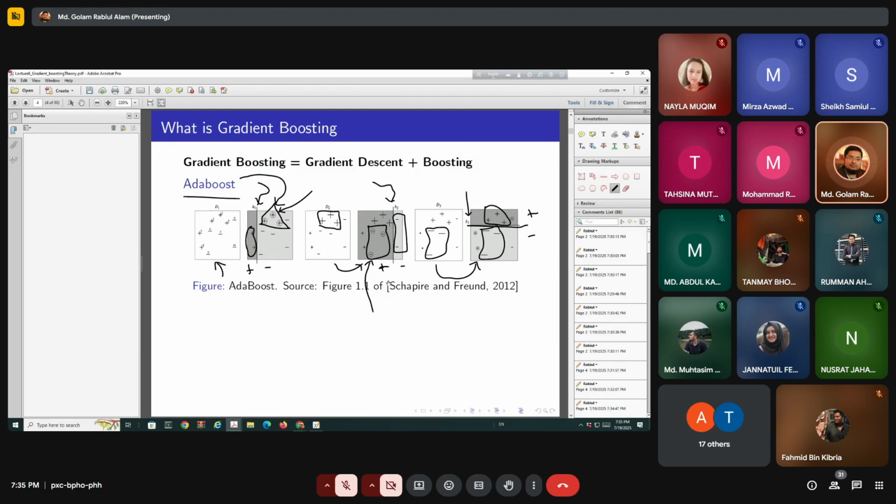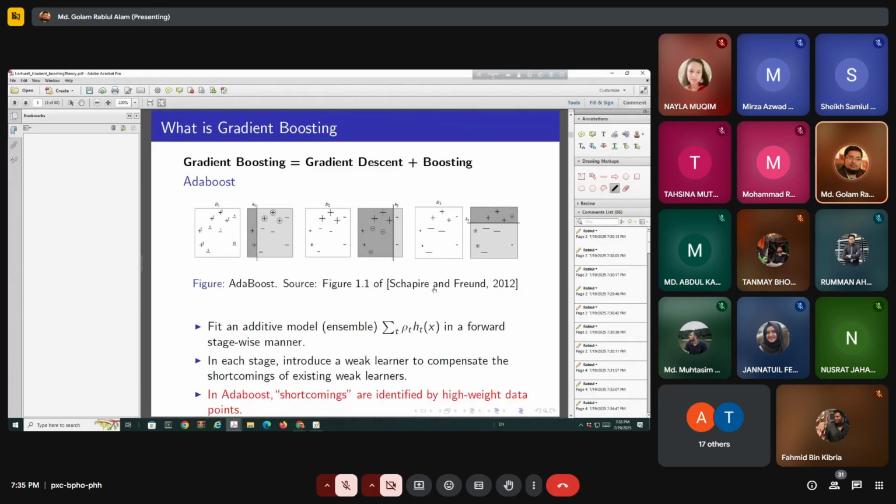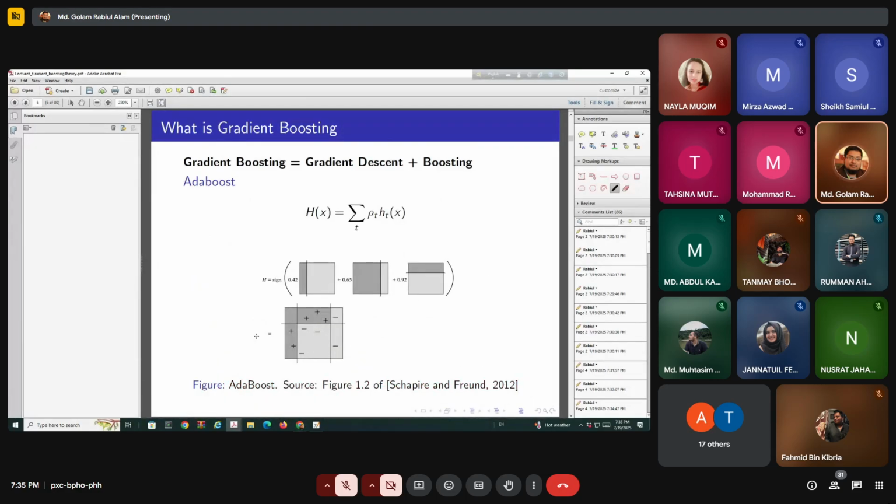So if we combine the effort of our first, second, and third weak learners, after combination, the first weak learner is this one, the second is this one, and the third is this one. We can see that it successfully classifies all the positives and all the negatives also.